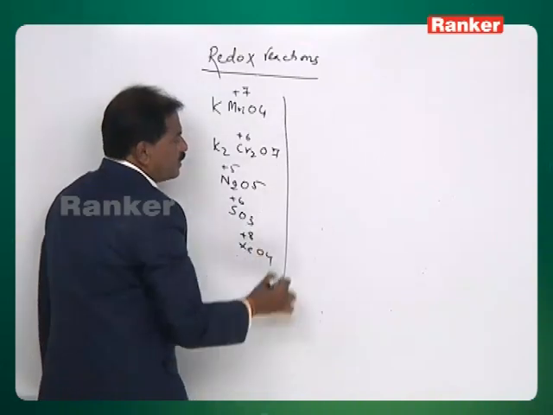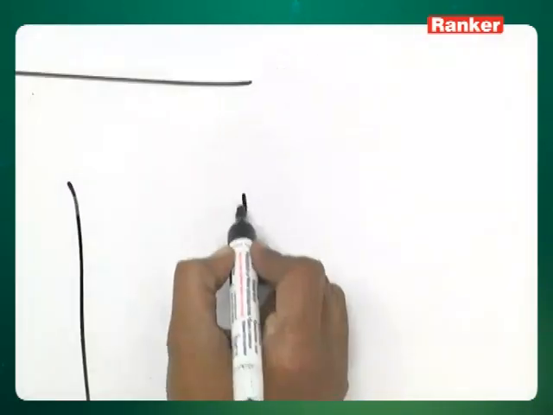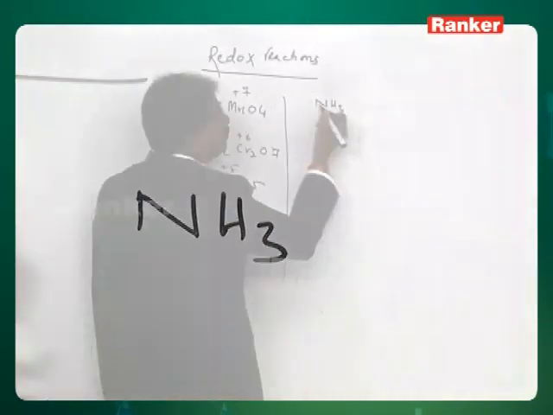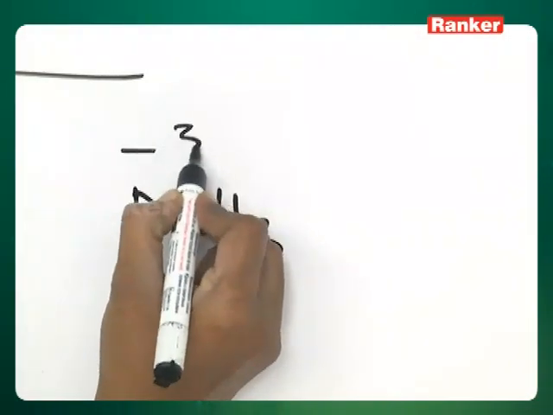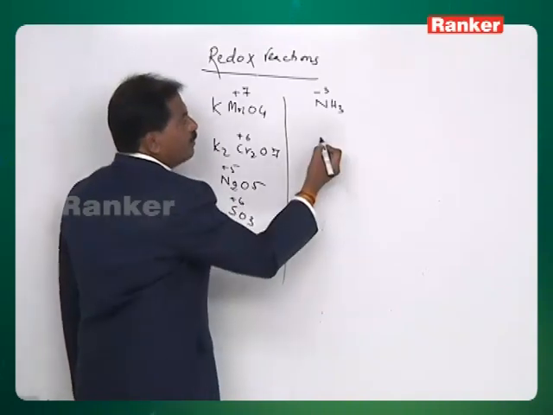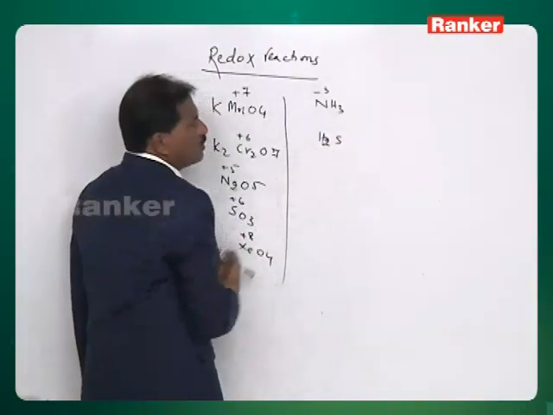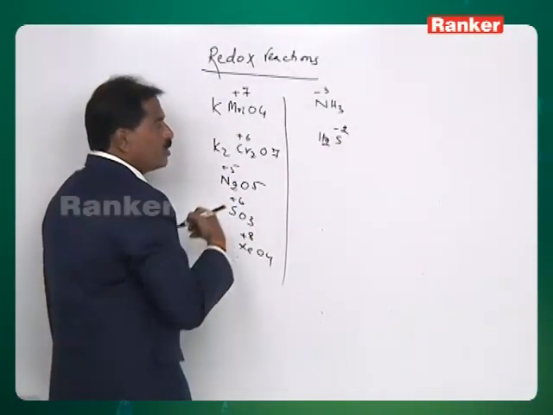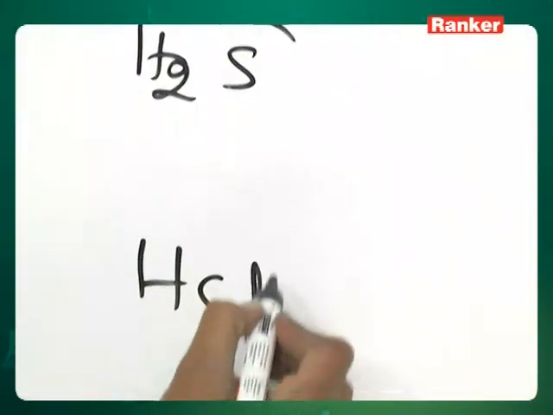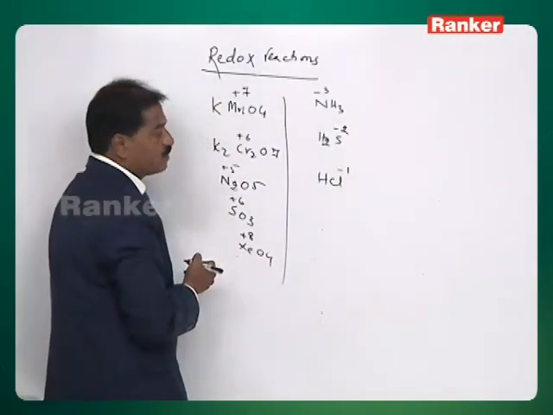Next, the second case. Observe another set of molecules. Here, in ammonia, the oxidation state of nitrogen is -3. Similarly, in H2S, the oxidation state of sulfur is -2. In HCl, the oxidation state of chlorine is -1.